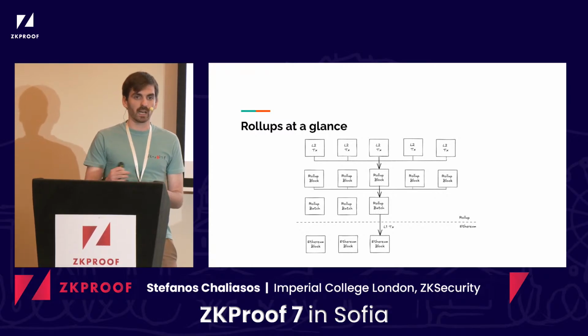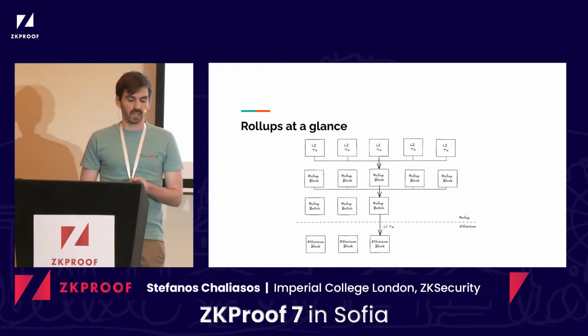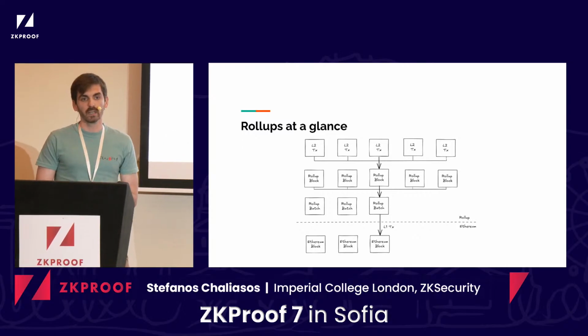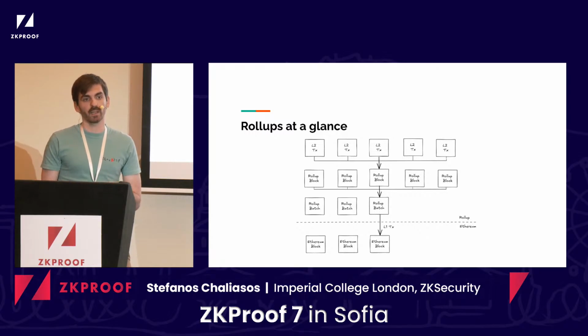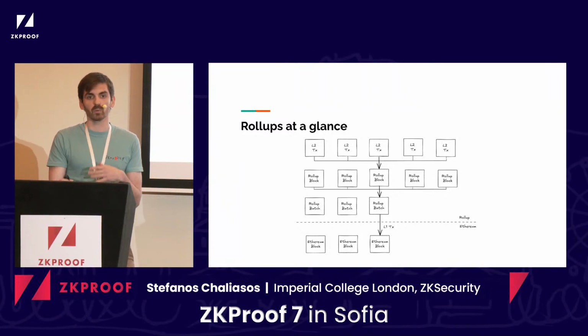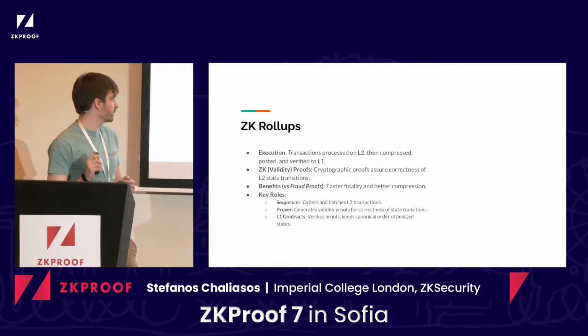So at a glance, what happens in a rollup is that we gather a lot of transactions in the layer 2, we create a rollup block, and then we batch together a number of rollup blocks in a rollup batch that we are going to post in our main blockchain, in this case Ethereum, and there we will have our data availability in Ethereum, and we will also verify the correctness of the execution of the L2 transactions in the layer 1 blockchain.